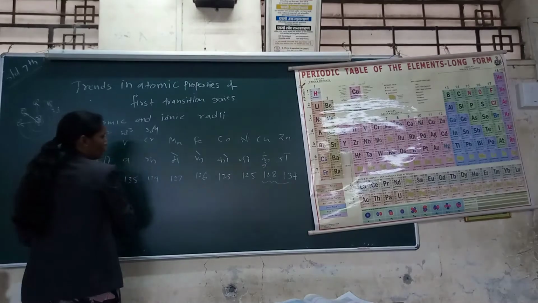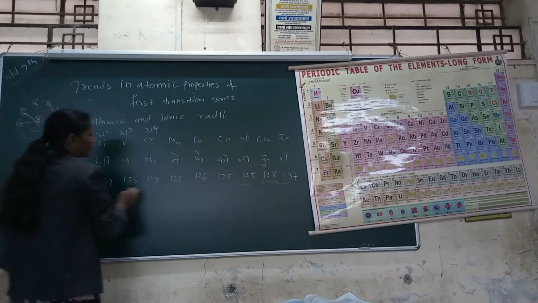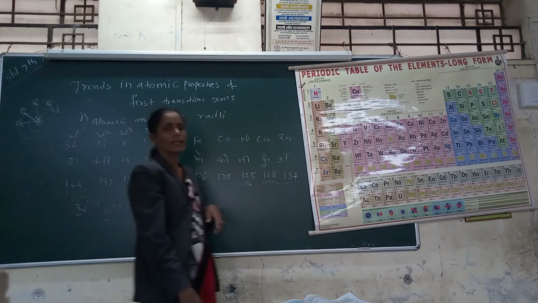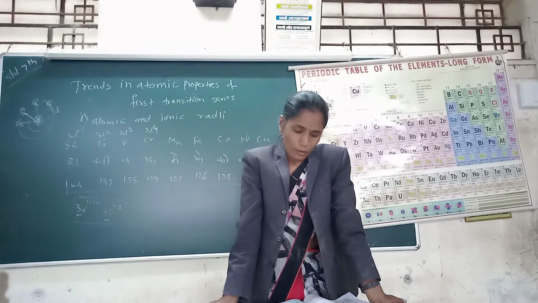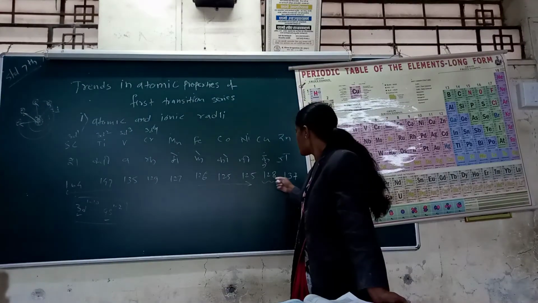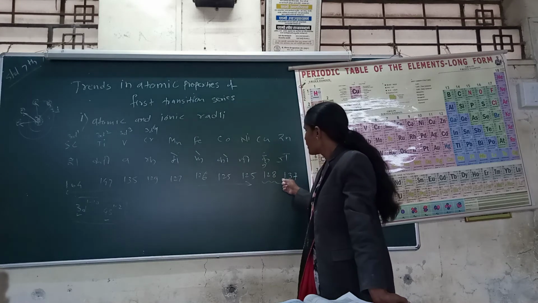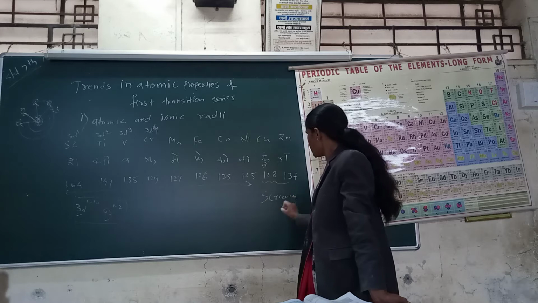From scandium to nickel the trend is regular, the atomic radius decreases, and only for the last two elements the radius increases, due to the screening effect.